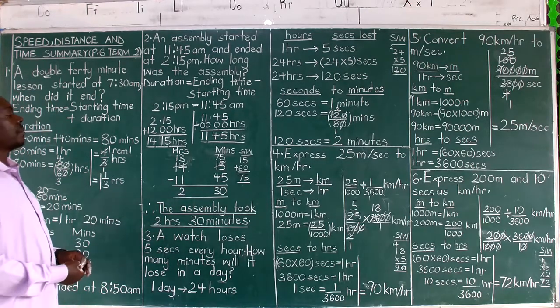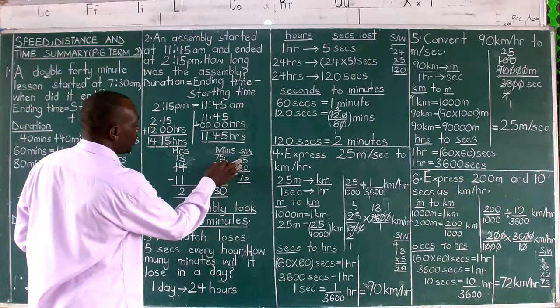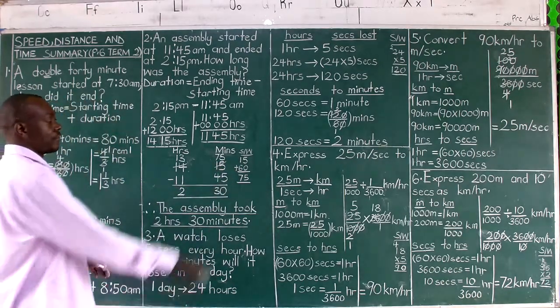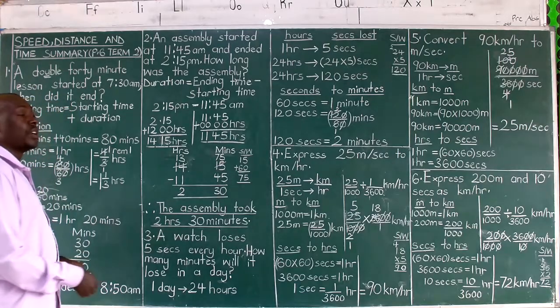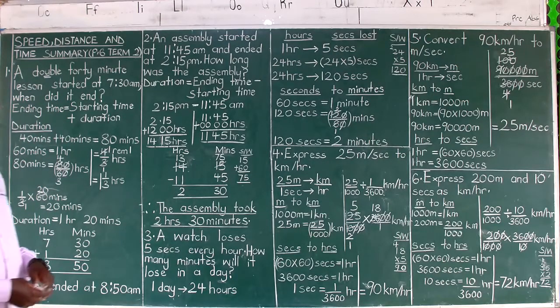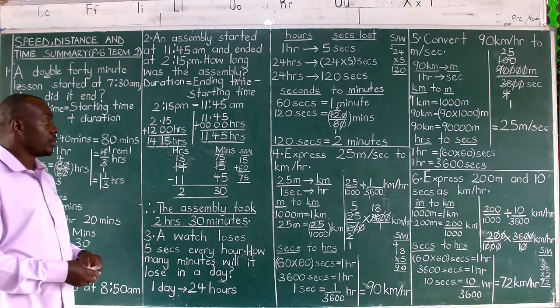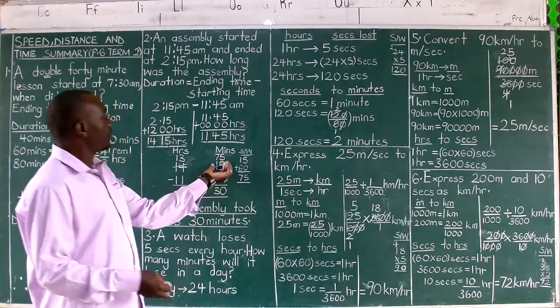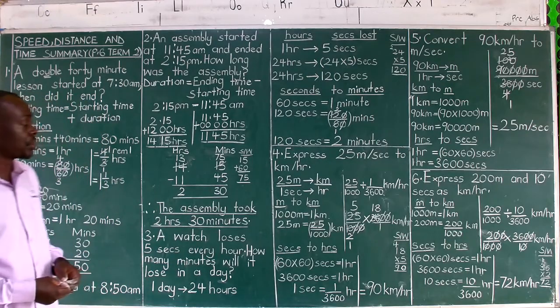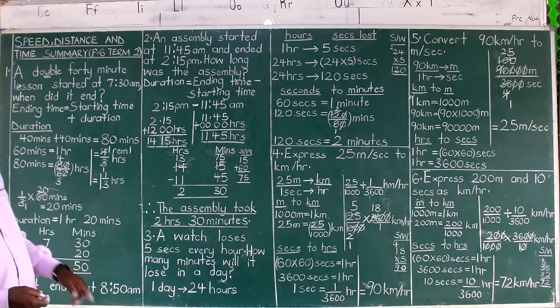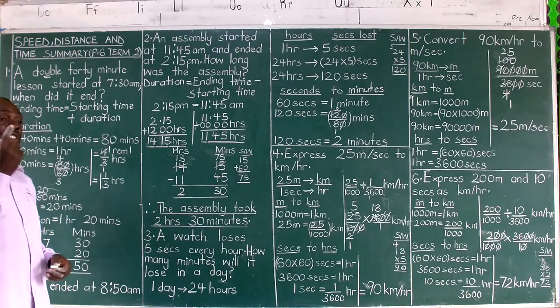Now we subtract. What about 15, which is less than 45 minutes? We must then never think about a negative answer in terms of time. So now that 15 minus 45 is only possible after borrowing, we borrow from the hour section. Remember, 1 hour is equal to 60 minutes.